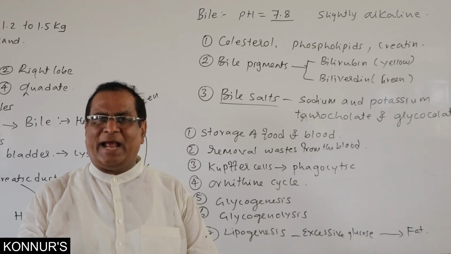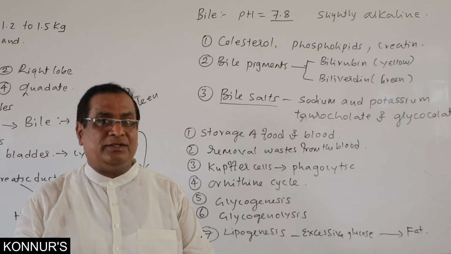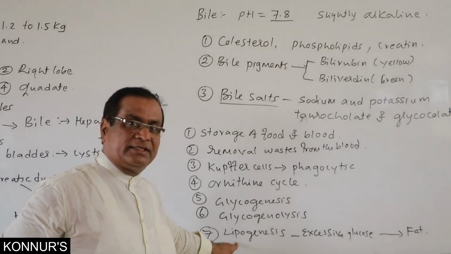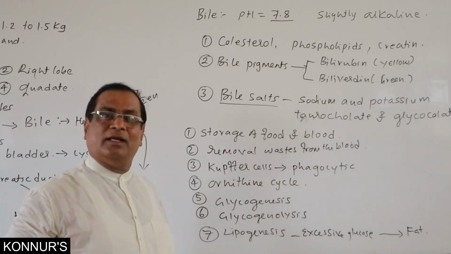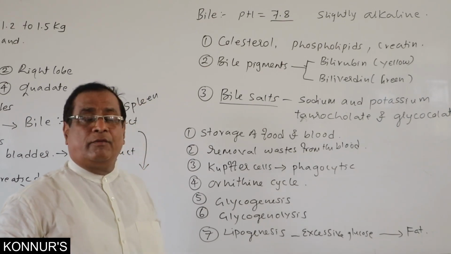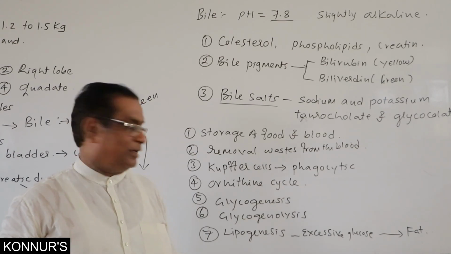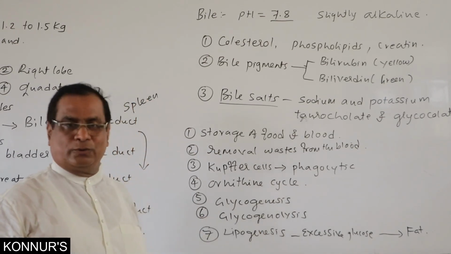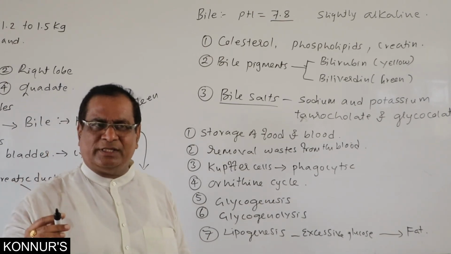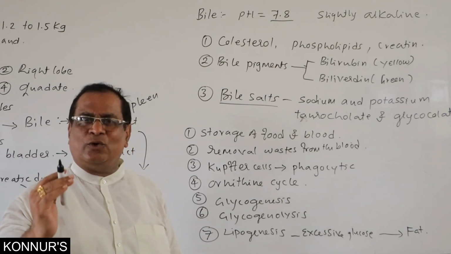We become very fat, mainly because of sweet rather than fat, because this process, lipogenesis, is enhanced in the liver, leading to the formation of fat, which will be stored. The stored fat is formed from excessive glucose. That process is lipogenesis.